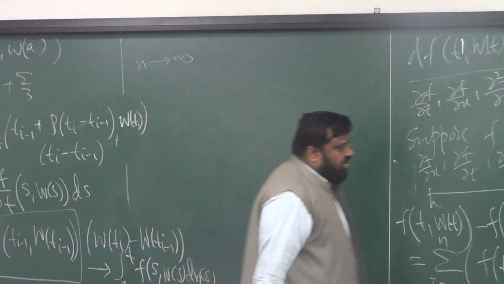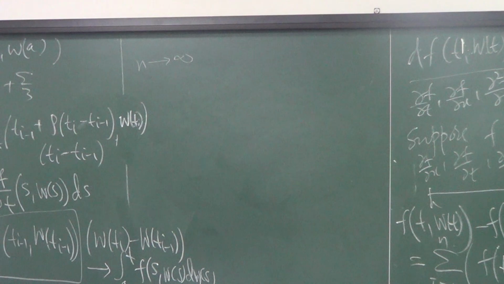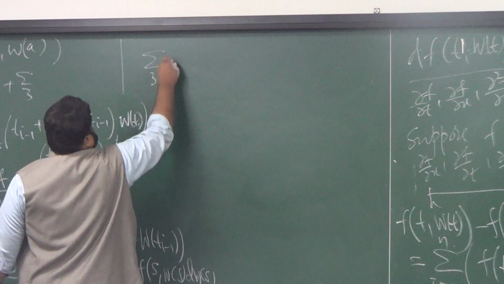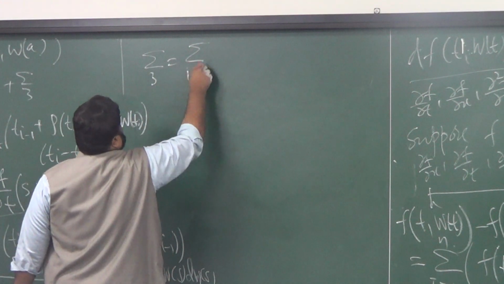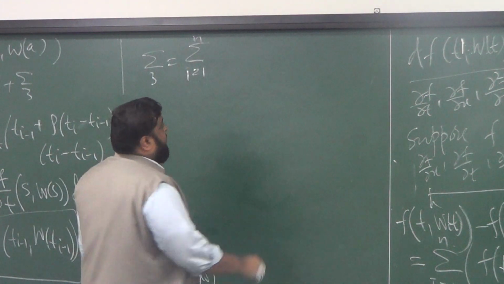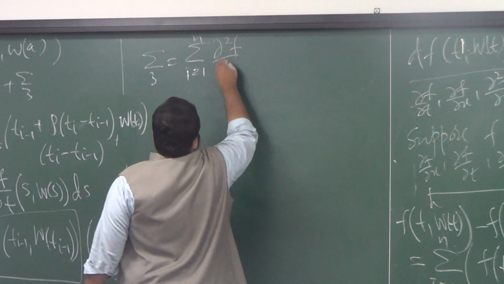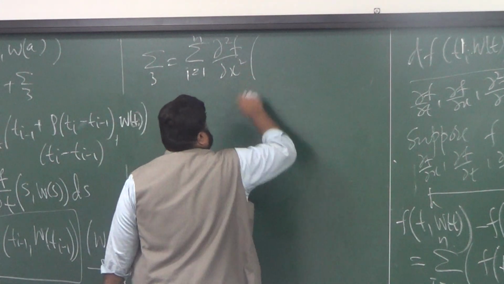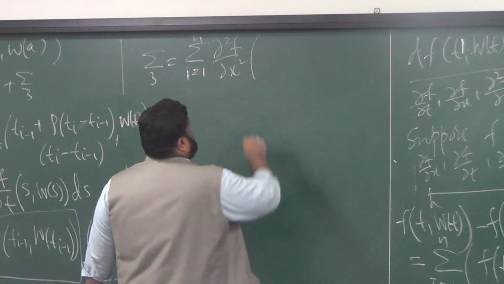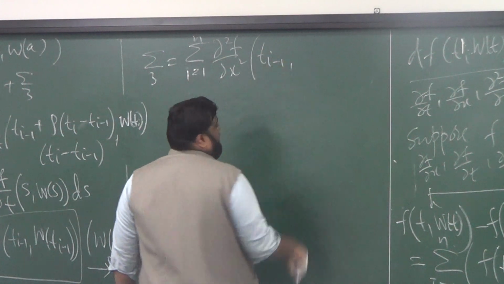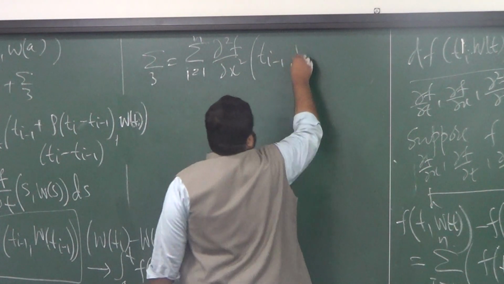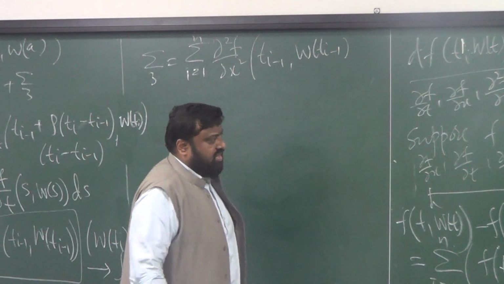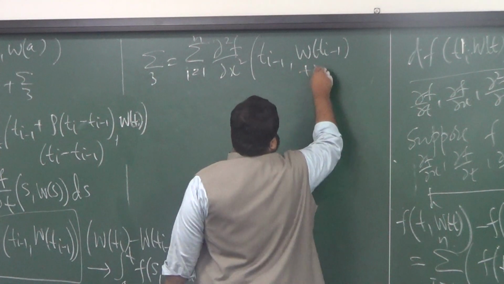How about the third sum now? Let's think about the third sum. The sum 3 goes from 1 to n, and I have partial squared f by partial x squared evaluated at s, that is ti minus 1, and x naught, that is w of ti minus 1, times a factor lambda.